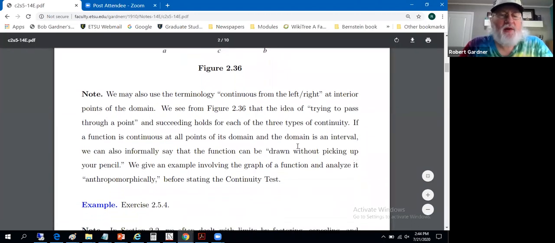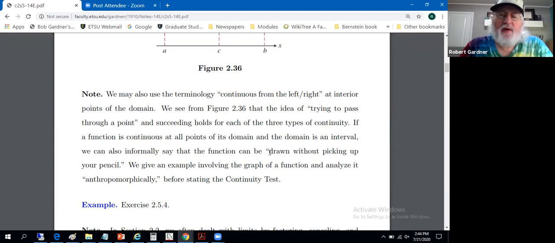In your many travels, I suspect you've heard of a function said to be continuous if it can be drawn without picking up your pencil. Now, for some technical reasons, there's a bunch of problems with that, but if a function is continuous on its domain and its domain is an interval, I'm okay with that.